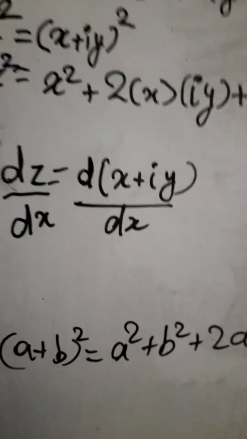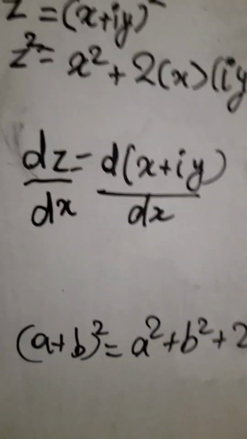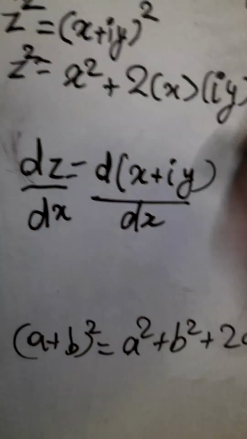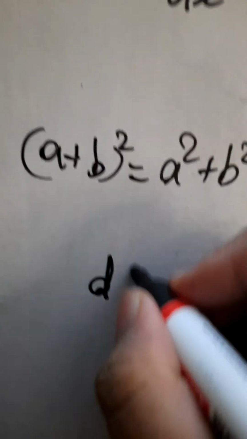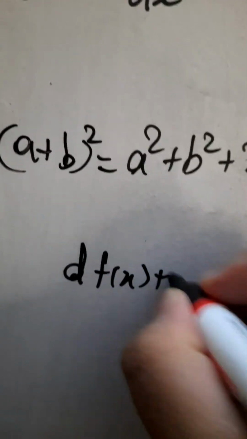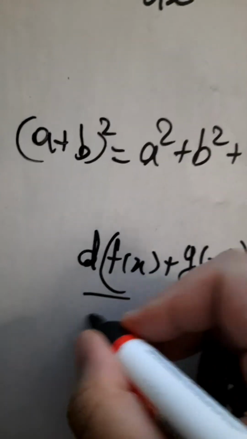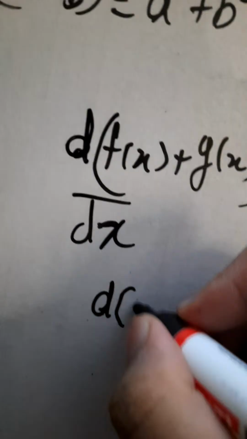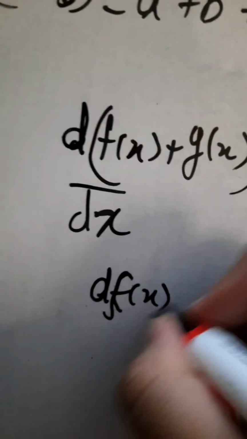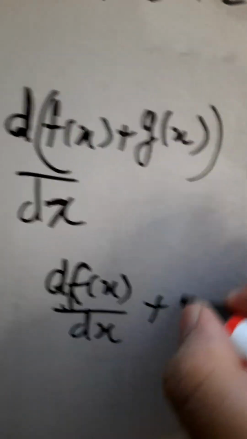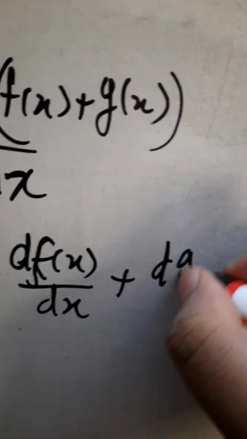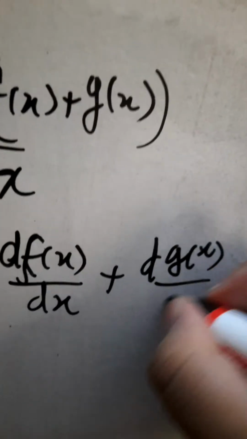So, instead of z, we took this. Now, we have to take dx. So you have to know that d of f of x plus g of x whole, if we take by dx, it is the same as solving it separately, d of f of x by dx plus d of g of x by dx.